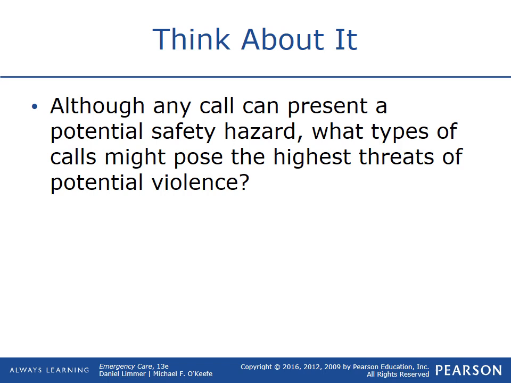So, although any call can present a potential safety hazard, what types of calls might pose the highest threats for potential violence? Think about it. Which ones can be violent? Well, whenever there's domestic abuse or child abuse, or if it's at a bar or drugs and alcohol are involved, these have the potential for people to become violent.